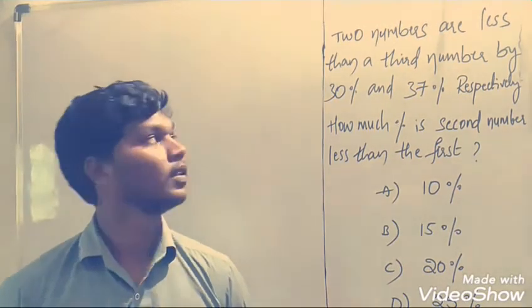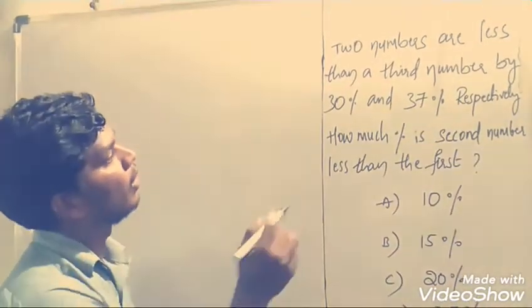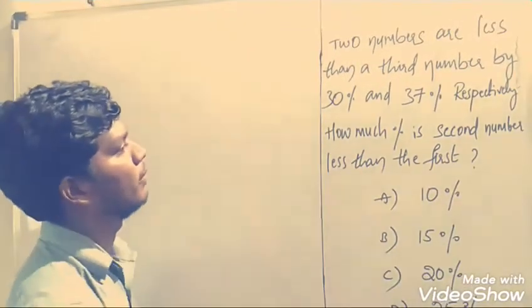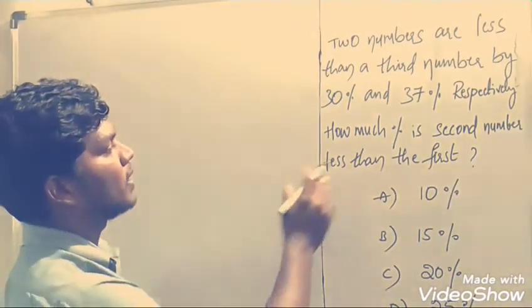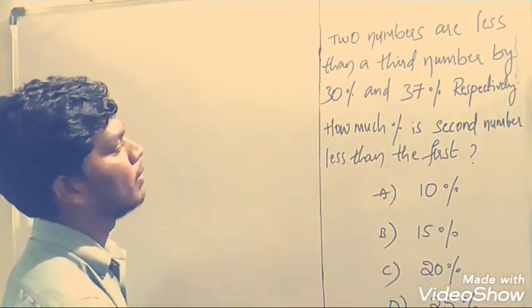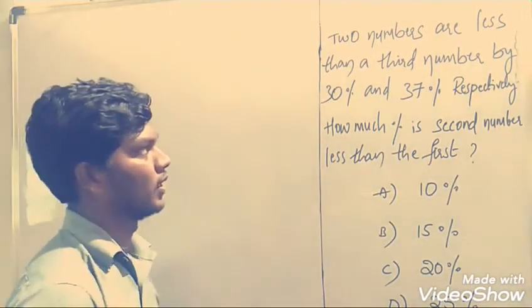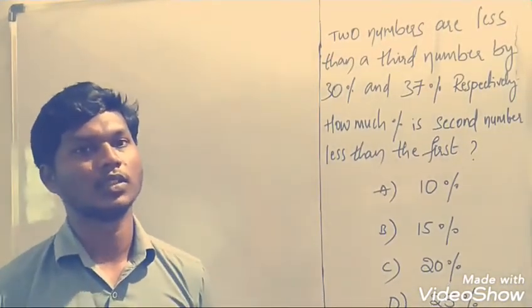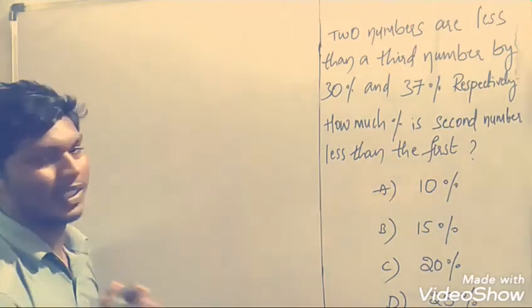Problem number 6. Two numbers are less than a third number by 30% and 37% respectively. How much percent is the second number less than the first? See friends, here it is saying about 3 numbers. Okay, so we don't know those numbers.